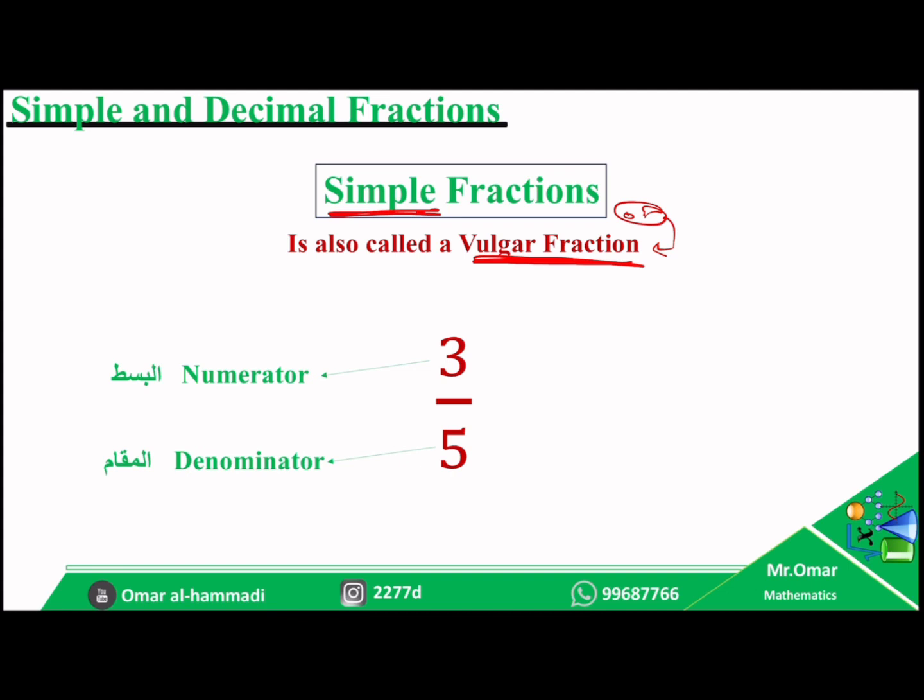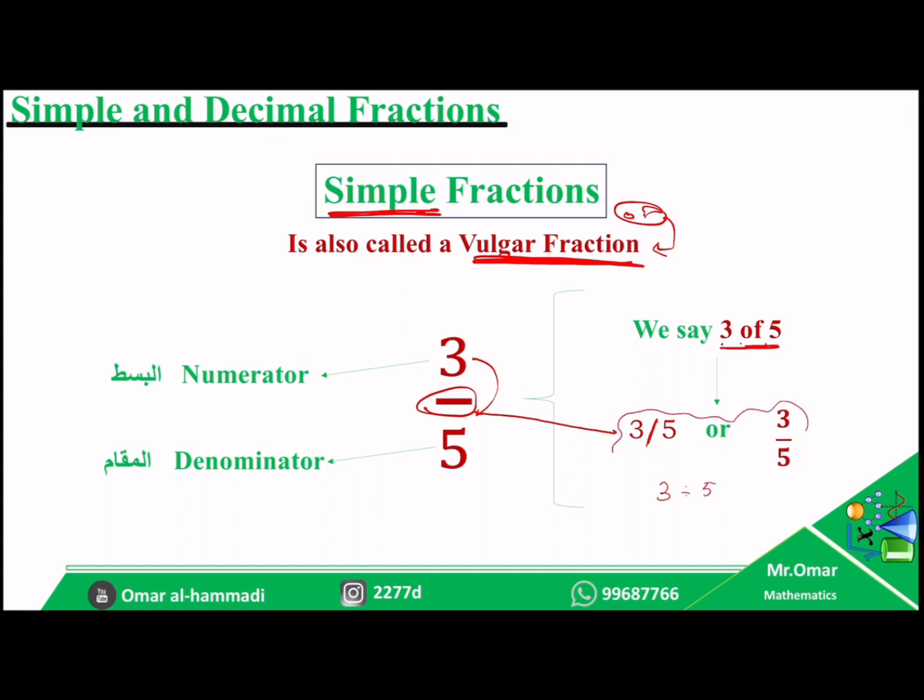We can also write it as 3 of 5, or 3 divided by 5, changing from this sign to this one. It's the same thing, the same meaning.